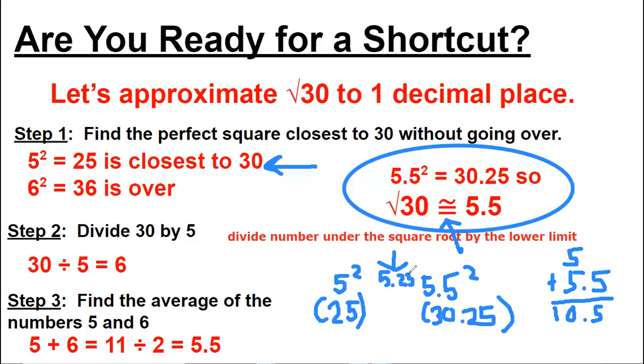Then we would square that and see how close we were to 30. So 5.25 squared is 27.56.